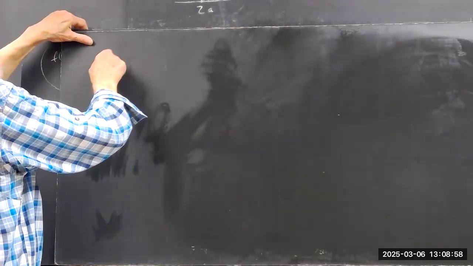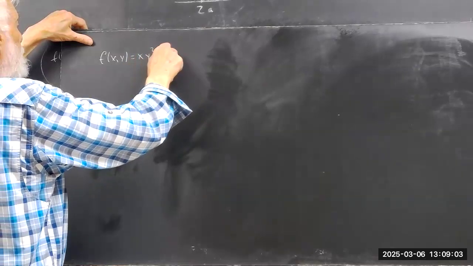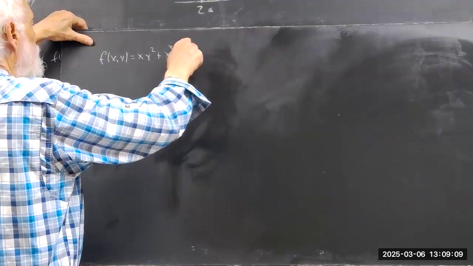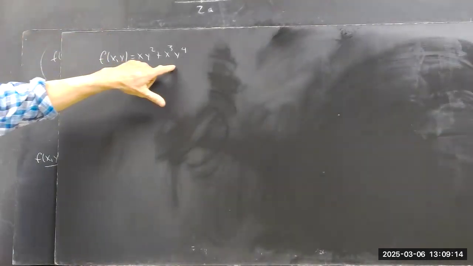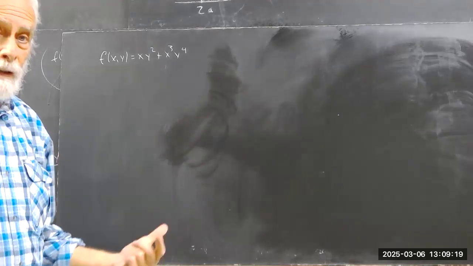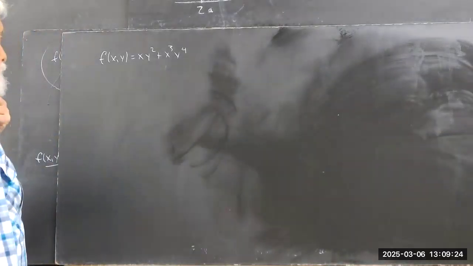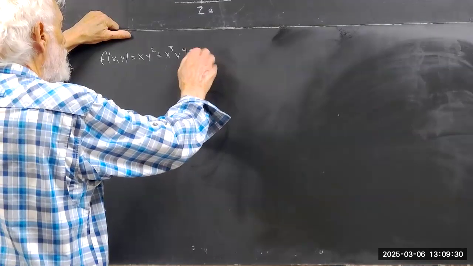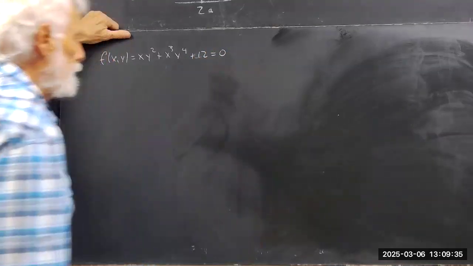Let's say you got it. Okay. Implicitly, there's a set of points X, Y that satisfy this function. And let's say that this function, plus 12 equals 0.